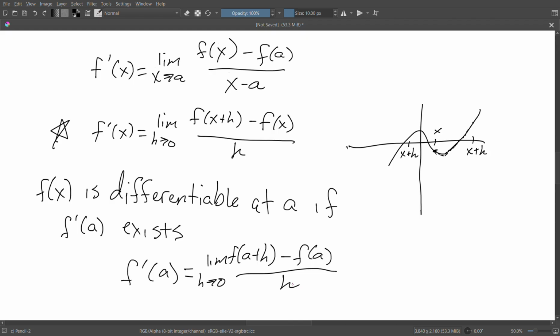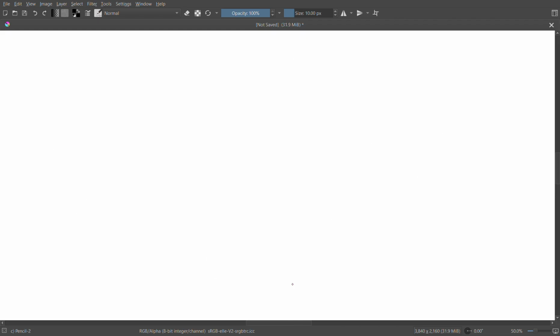Sort of like the same thing we saw with continuity. If it's continuous at every point, then we say it's continuous. If it's differentiable at every point, then we say it's differentiable. Okay, so now that we have the definition out of the way, let's start with the theorem.